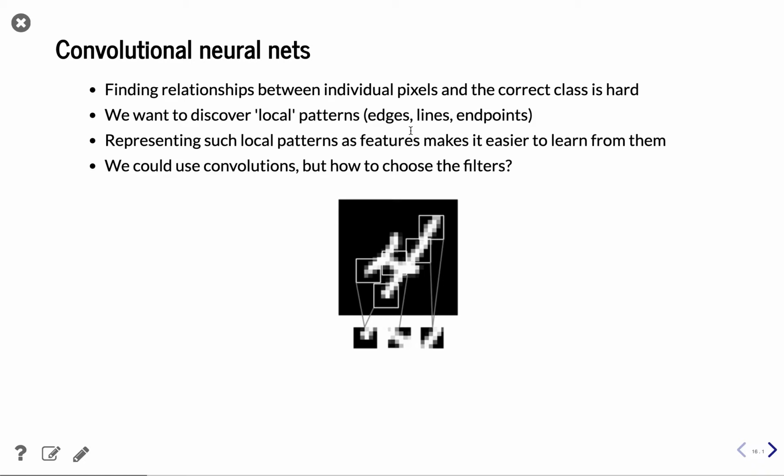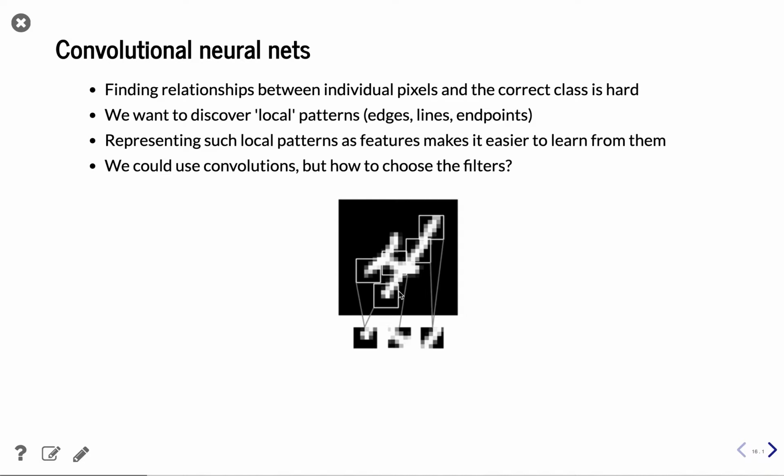Now, the idea behind a convolutional neural net is that we want to learn local patterns. So instead of learning the relationship between individual pixels and the output, like number 4, we want to first detect certain local patterns like lines and endpoints and so on.